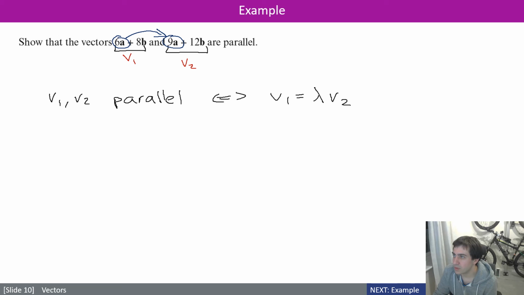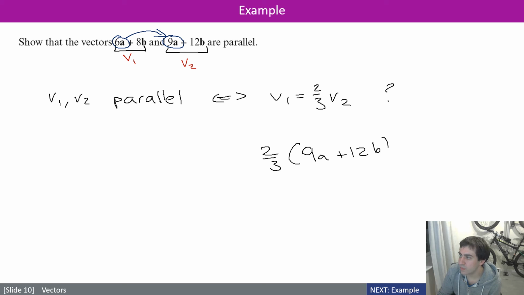Then we ask ourselves, okay, is that going to work? So now multiply the whole thing by 2/3: 2/3 times 9a plus 12b. To do this, we're multiplying the separate components by 2/3. So 2/3 times 9 is 6, 6 lots of a. 12 times 2/3 is 8.